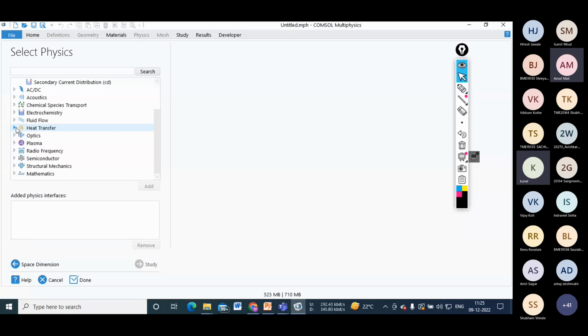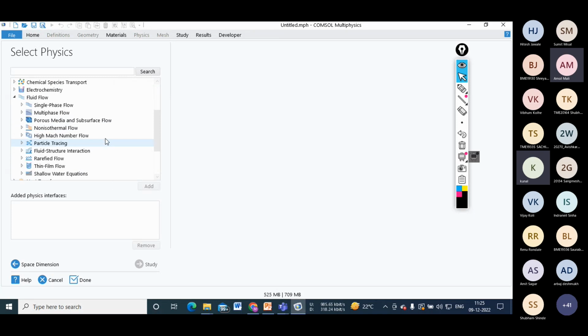After that, here you can see this is fluid flow. Inside that fluid flow you can see various types of fluid flow. Single phase flow, for example, if water is flowing inside a pipe, that is single phase flow. If air is flowing through a pipe, that is also single phase flow. मल्टीफेज फ्लो में क्या होगा, यहाँ पर देखेंगे तो multiple flow of the fluid will be there.